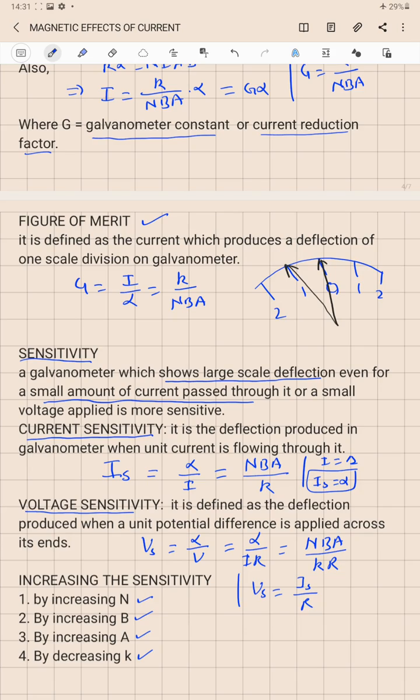So in order to have the smallest value of the torsional constant, we use hairsprings made of a special material called phosphor bronze wire. This material has a very small torsional constant, due to which hairsprings of this material used in the galvanometer produce a high value of current sensitivity.